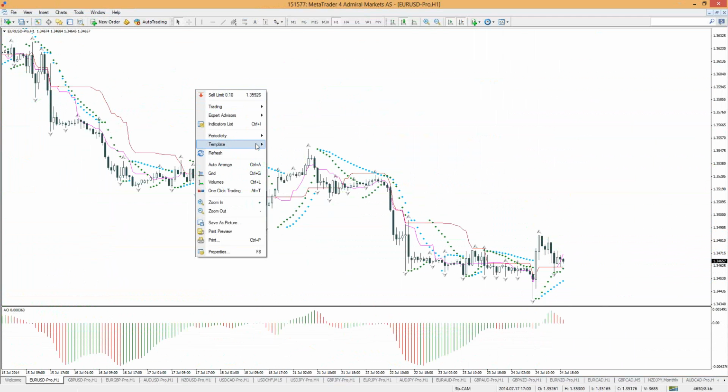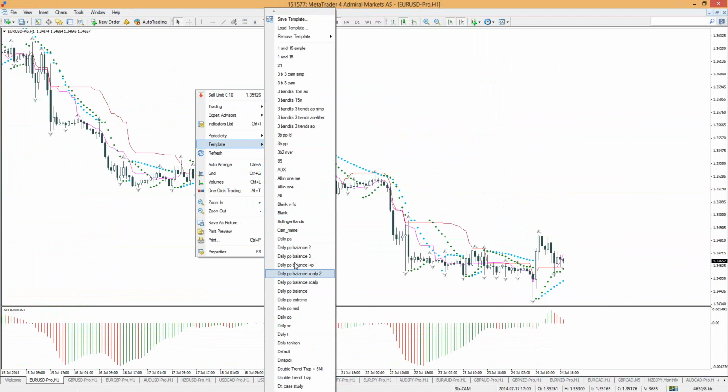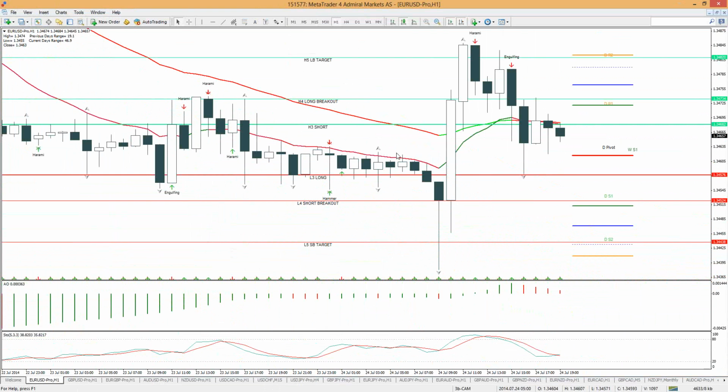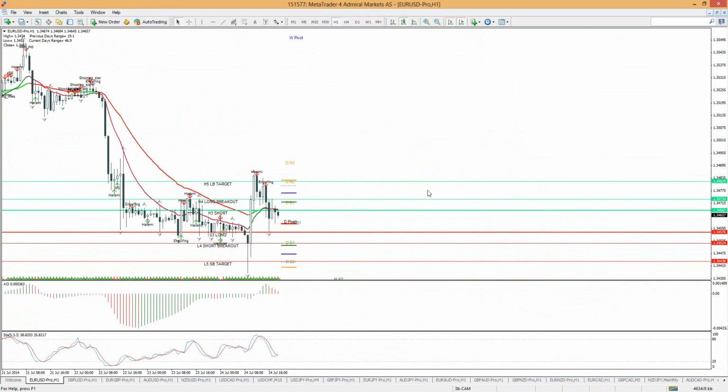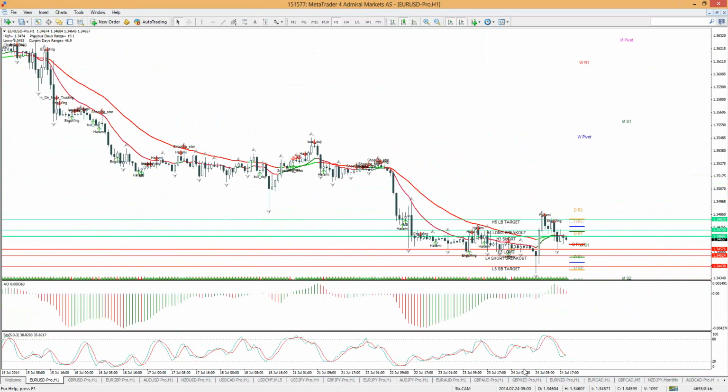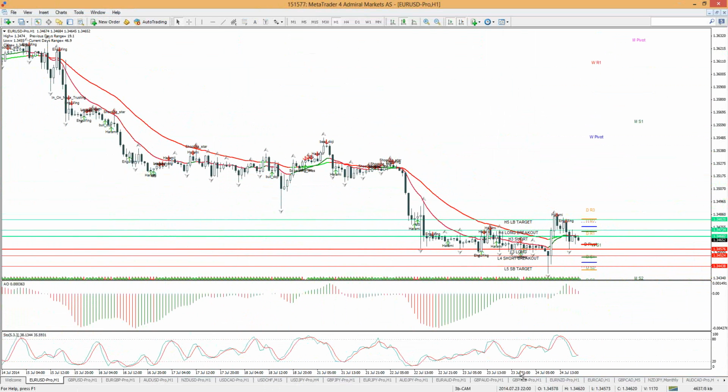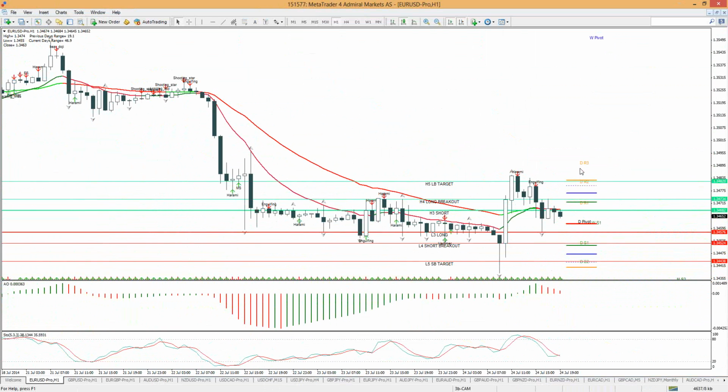Euro dollar, this is the wrong template, hang on. Pound dollar, for instance, had a harami at the R2. You had another confluence between candlestick patterns, or actually you can hit the R3.